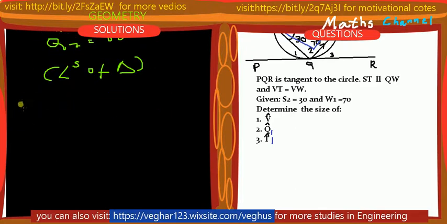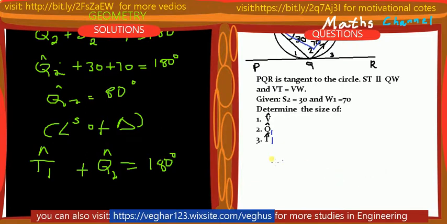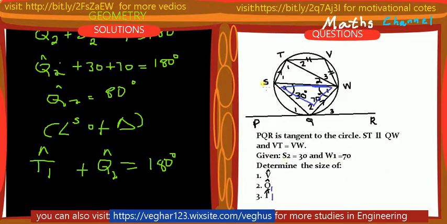Okay, then now we have T1 plus Q2 equals 180. The reason being, as you can see, this forms a cycle quad.